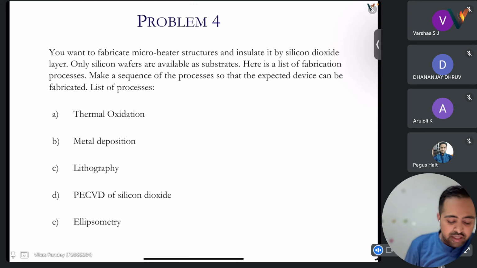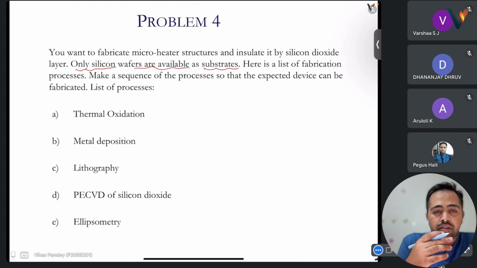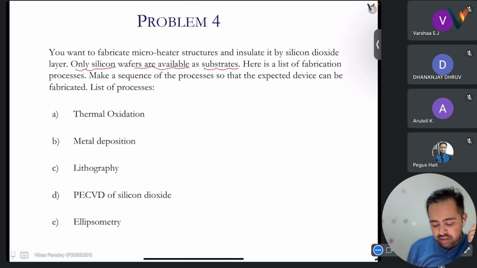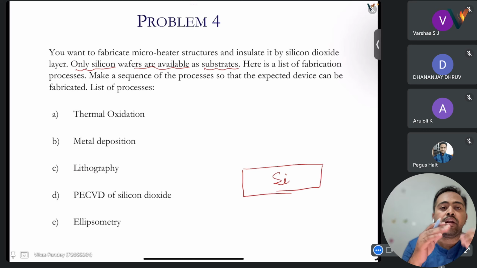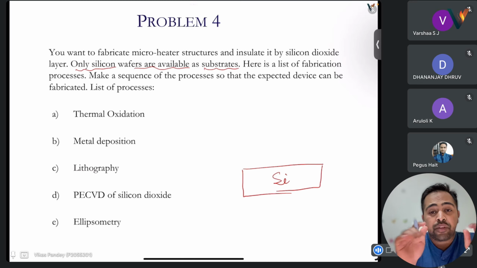The condition given is that only silicon wafers are available as substrates, not pre-oxidized. In the previous class we saw that if we deposit metals directly on silicon, it will be difficult, since the silicon will also take part in the conduction, and we don't want that.